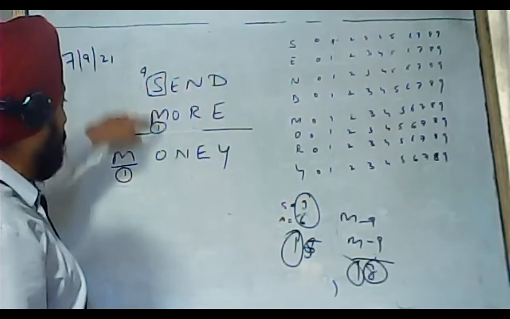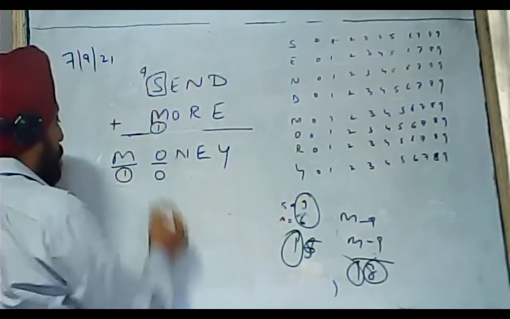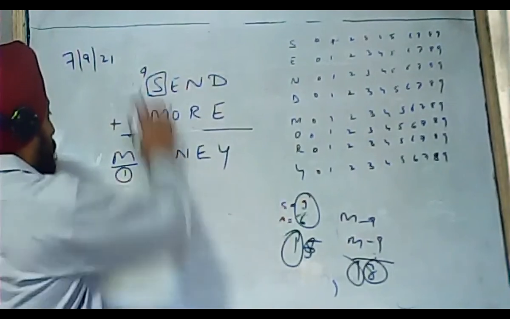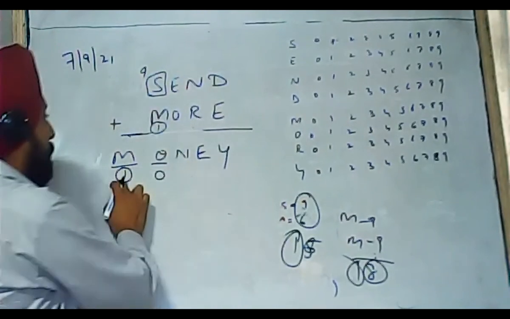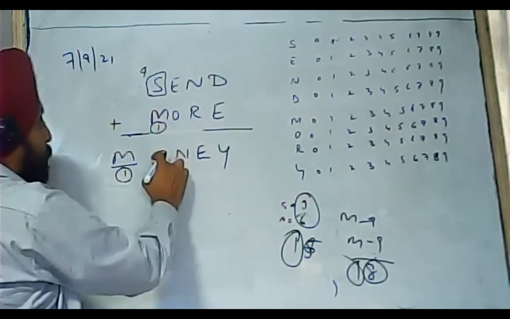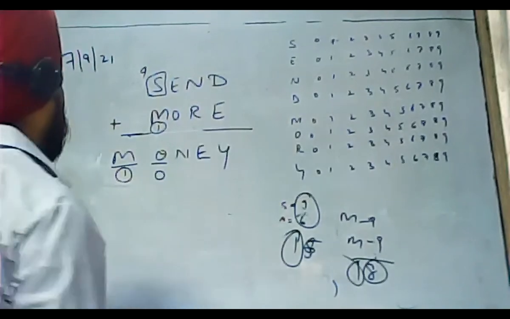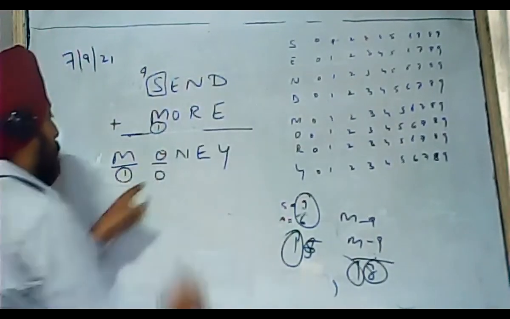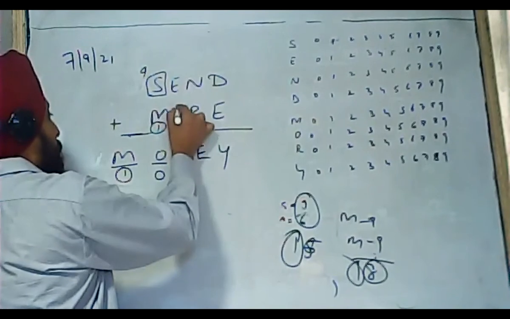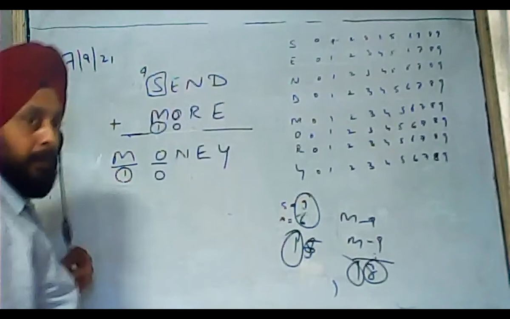So 9 plus 1 is 10, means this will be 0, so then only this 1 comes here. So S is 9, M is 1, O is 0, M is 1. This has been set. Now if this O is 0, obviously this O will also be 0.